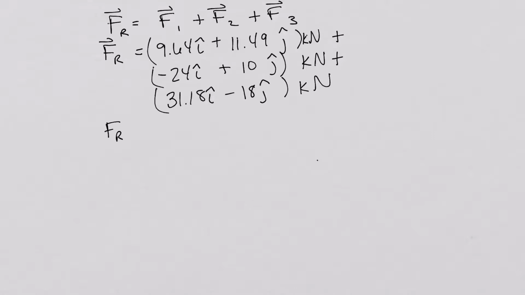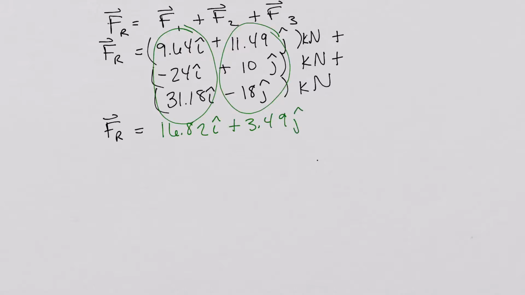So for the resultant force, we just want to add those all together. First we'll add all the i components. So 9.64, negative 24, and then 31.18. So we get 16.82 i. And then let's add the j components. So 11.49, 10, and then subtract 18. So we get plus 3.49 j, in kilonewtons.